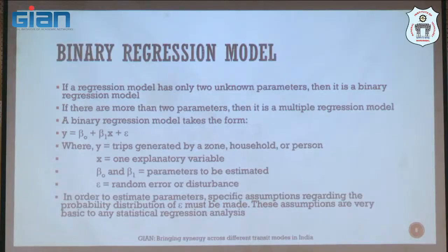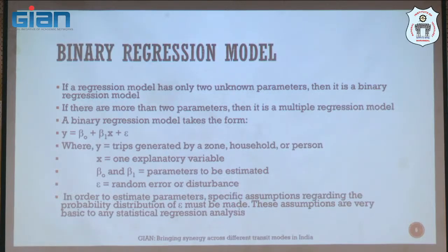I take 5,000 households, I get beta naught and beta 1. It could be, let's say, 1.5 and 2 as an example. If I take another 5,000 sample, again, I'm not saying it will become minus 1.5 and minus 2.5. It won't become that way, but it could be 1.3 and 2.7.